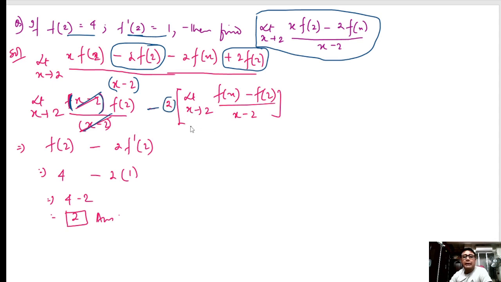So this comes, and this is actually f dash 2. So here you can see. So it is f2, which is 4. f dash 2 is actually 1. So this is the value of this function.